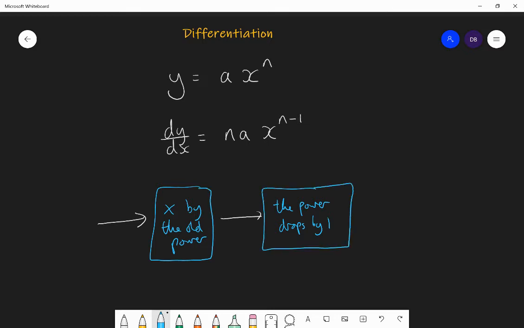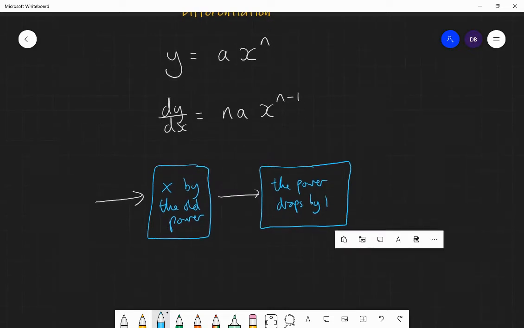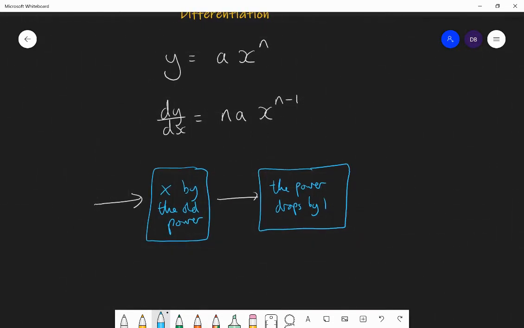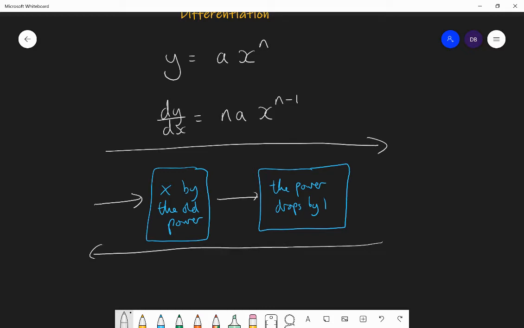As integration is the reverse of differentiation, all we need to do is reverse this process. So instead of going this way, which is differentiation, we're going to go the other way, and reverse everything that's happened. So the first thing is we're going to increase the power by 1.